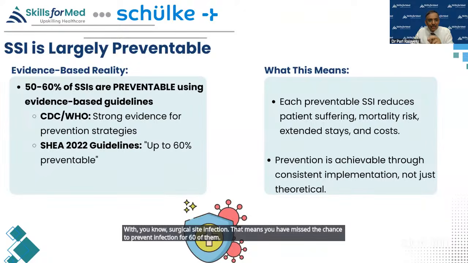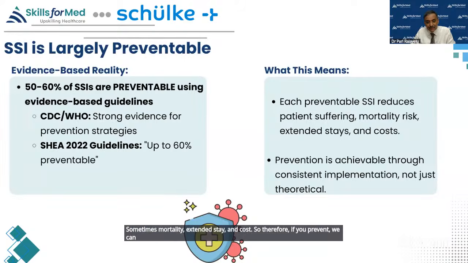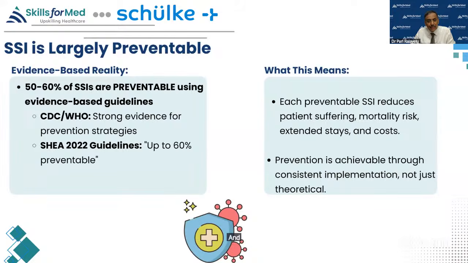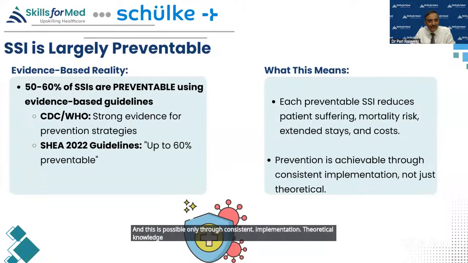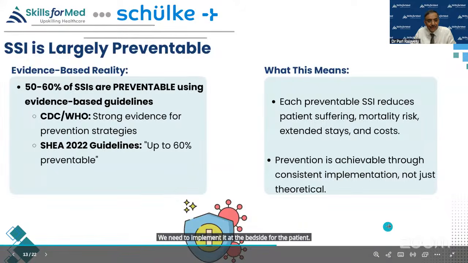That is the whole truth about surgical site infection. These infections cause enormous patient suffering, sometimes mortality, extended stay, and costs. We can prevent all these, but this is possible only through consistent implementation. Theoretical knowledge will not help. We need to implement it at the bedside for the patient.